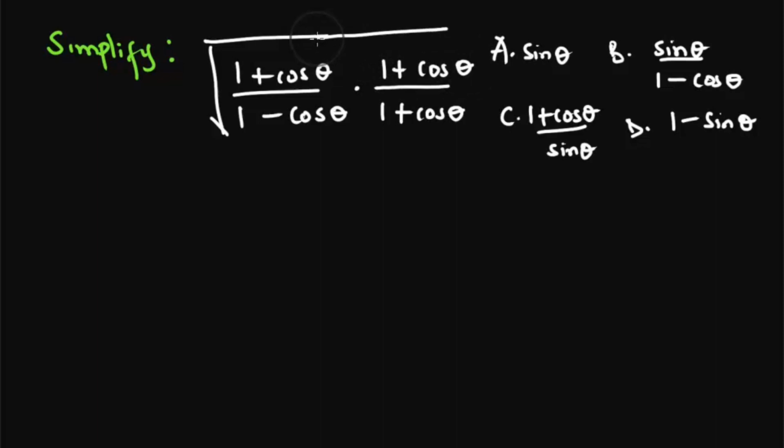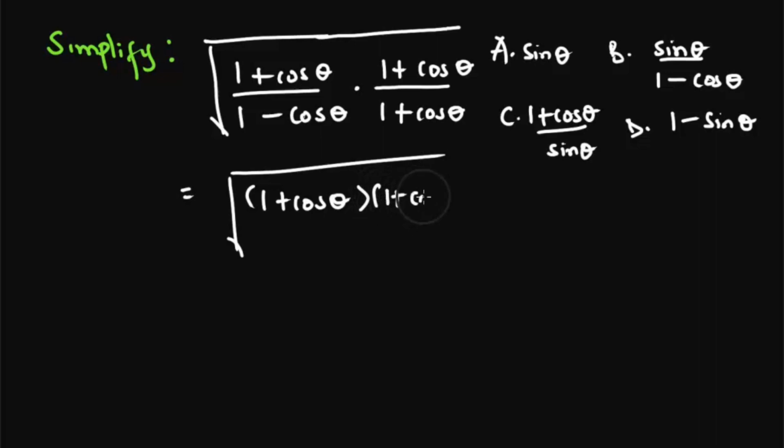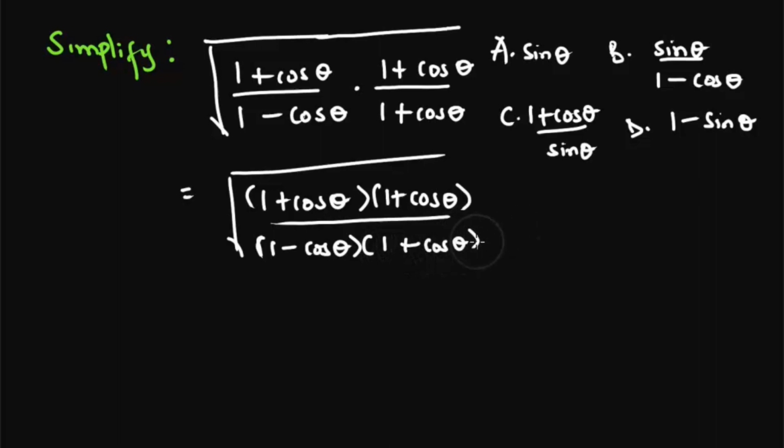And it's still under the square root sign. So this becomes the square root of 1 plus cos theta multiplied by 1 plus cos theta divided by 1 minus cos theta multiplied by 1 plus cos theta. Taking a look at this, the denominator reminds me of the difference of two squares.